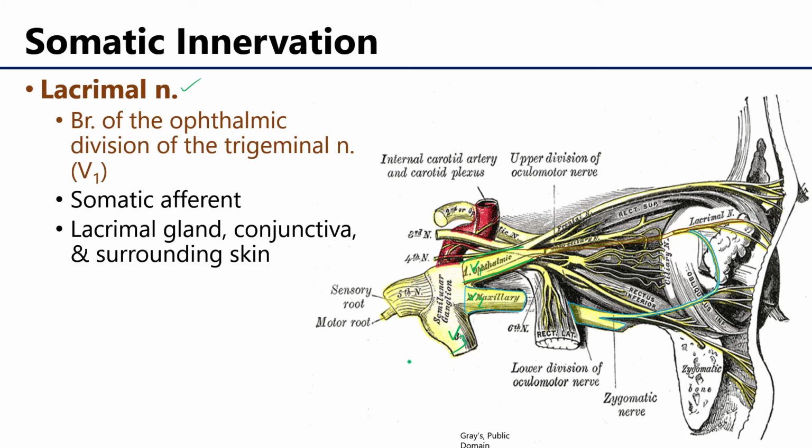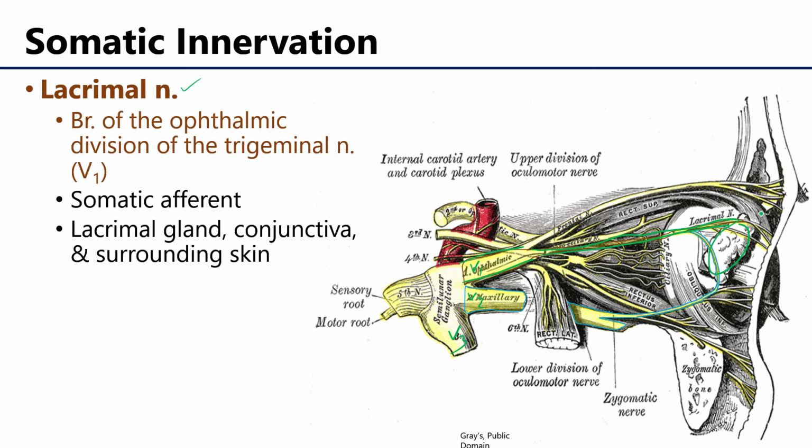So one of the branches of V1 is the lacrimal nerve. We see this moving through the superior part of the orbit, moving toward the lacrimal gland, which we can see seated there.